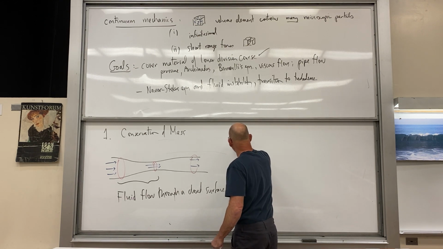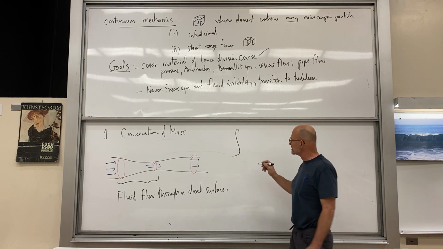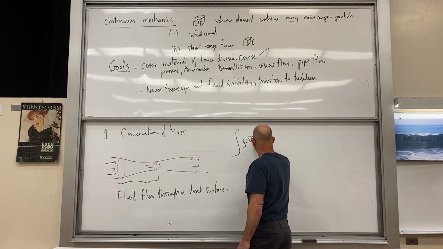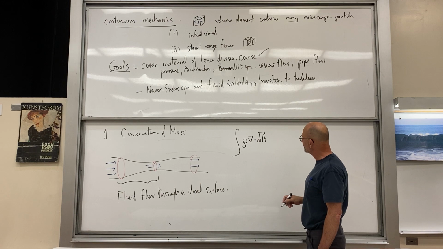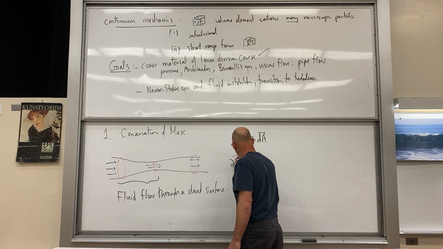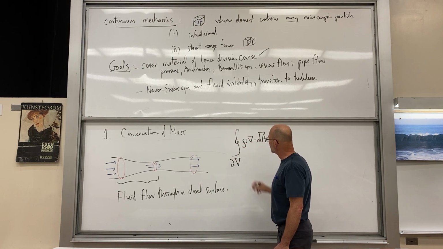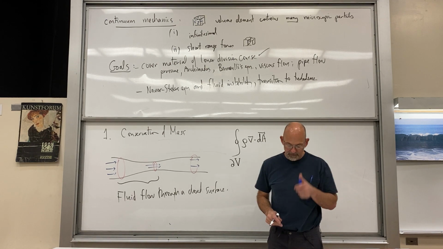Basically, you're looking at, and since we're talking about mass, we'll write it down and we'll check the dimensions. Kind of about density times velocity through, we'll call dA, area. And this is a closed surface. So it's the boundary of a volume, closed. So something like that. That would be the fluid flowing through a closed surface.